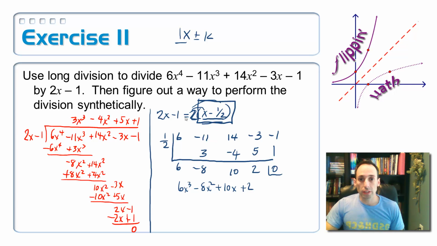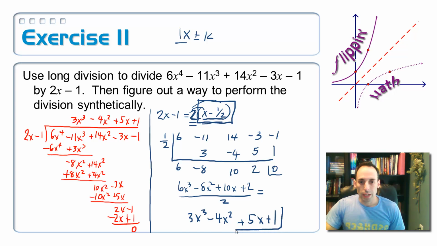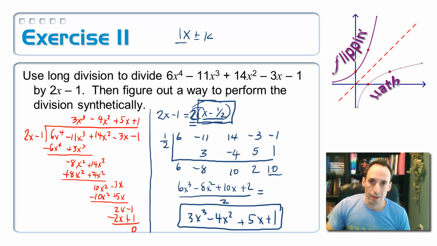What I still need to divide by is this 2 that's right out front that I factored out of that 2x minus 1. So if I just divide this by 2, I get my answer of 3x cubed minus 4x squared plus 5x plus 1. And I have just tricked math into doing something it's not supposed to do.